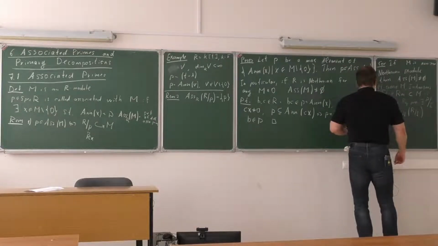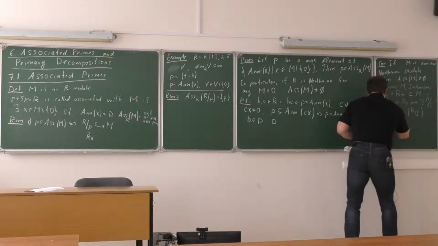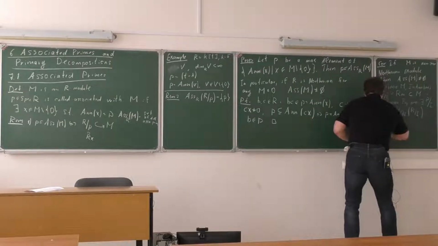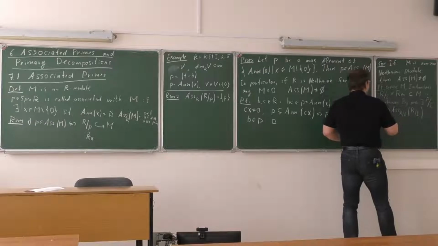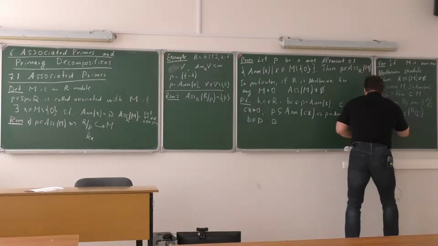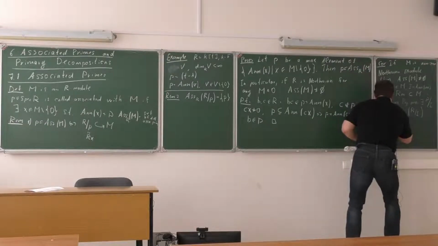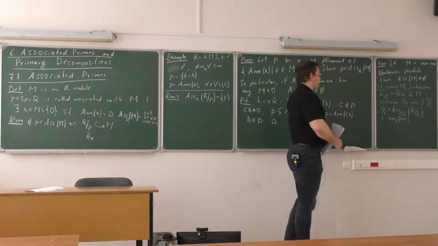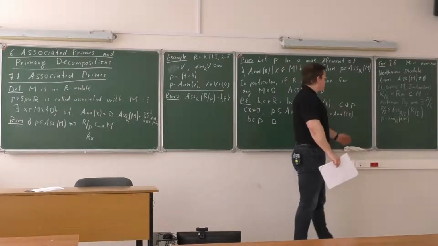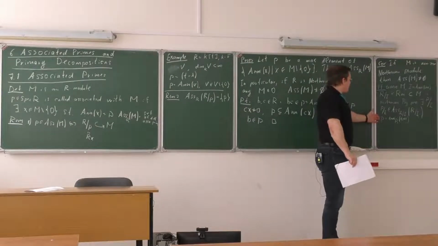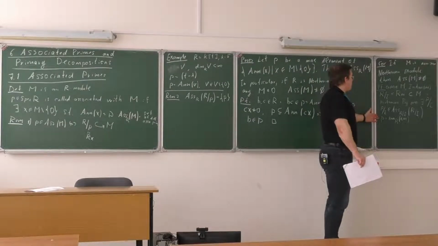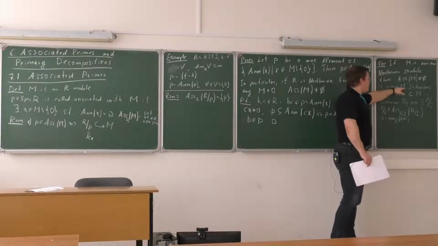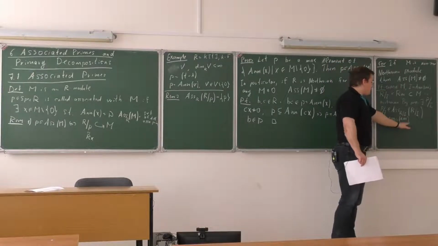Okay, and then I have the following claim. I claim that actually this prime ideal P, if I consider this in the ring R, is the annihilator over the ring R now of the element xm. Right. So if I can show that this is true, I'm done. I actually found a prime ideal which is associated with the given module M that annihilates element xm.